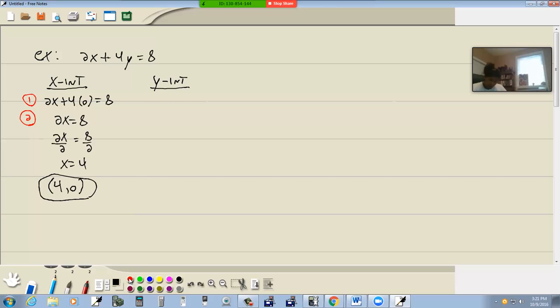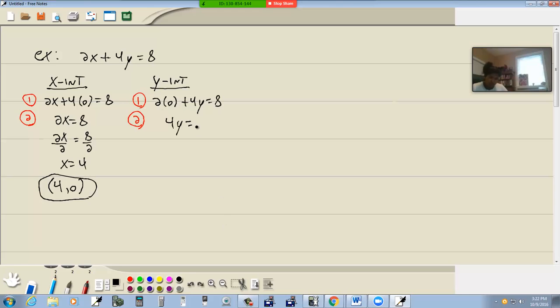Now for our y-intercept. Same instructions. Step 1, you plug 0 in for the other variable. So plug 0 in for x. So I got 2 times 0 plus 4y is equal to 8. And then step 2 is I want to solve. Well, 2 times 0 drops away.